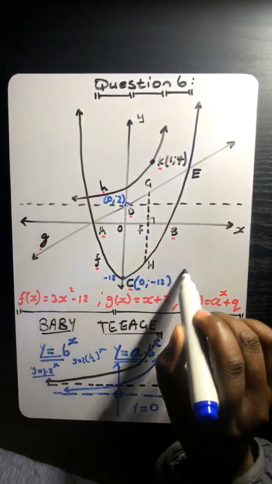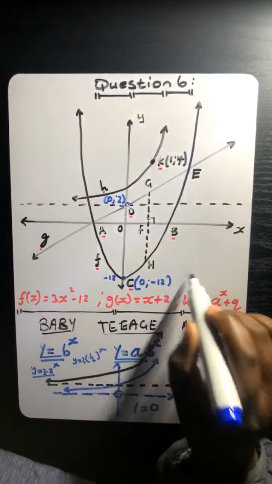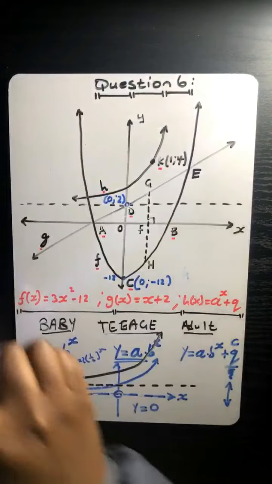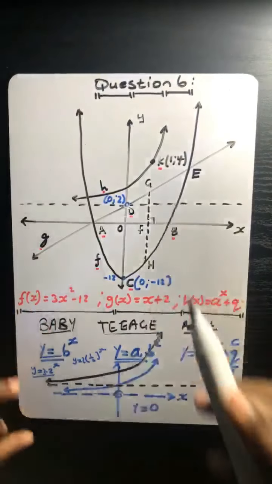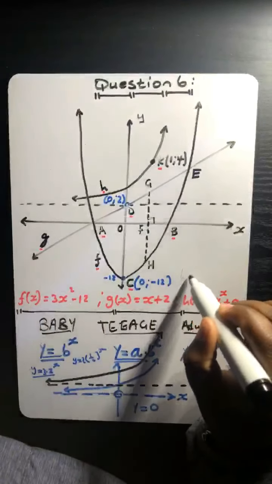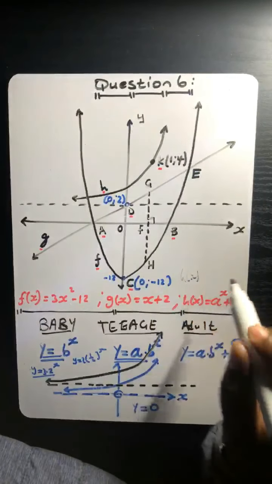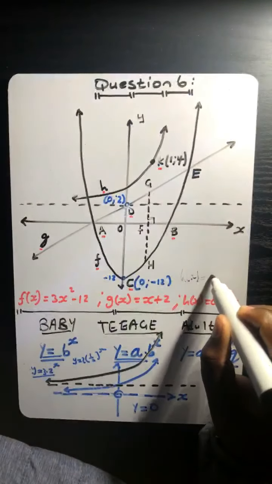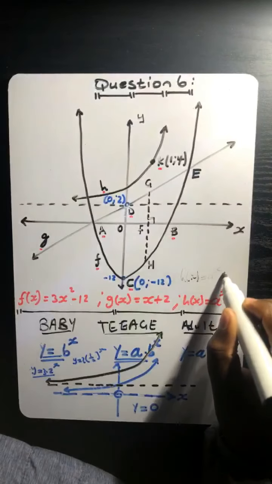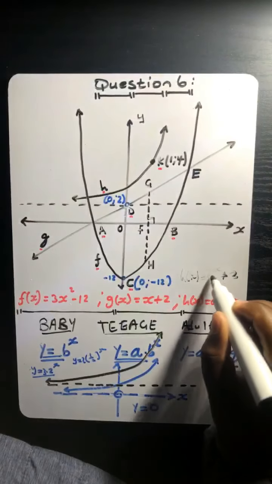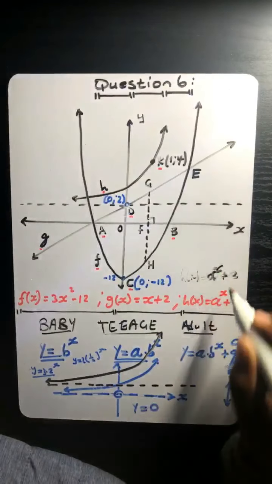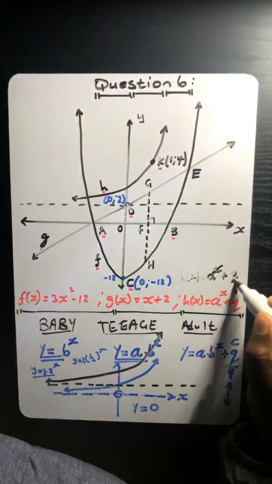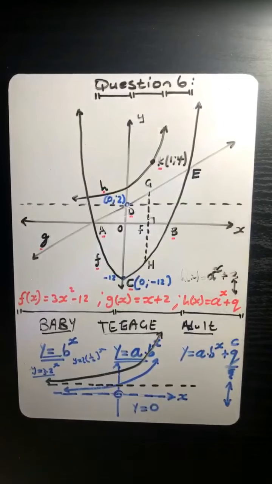So already I know that h of x is equal to, let's say, a to the exponent x, maybe plus 2 over there, the reason being I know that it tells us more about the vertical shift.